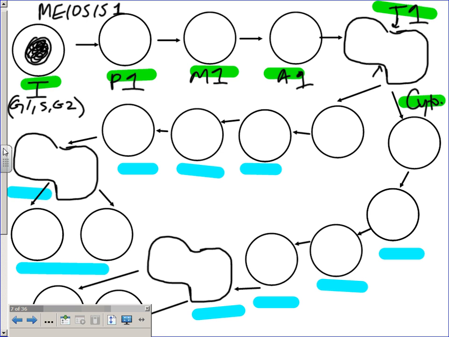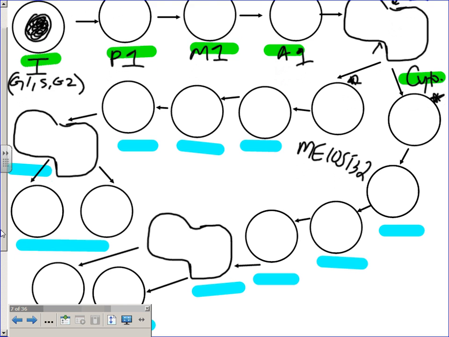Now, each of these cells, this one and this one, both of them are going to go through meiosis 2. So I'm going to put a label right here. Meiosis 2. I don't put M2 because you might see that as metaphase 2.